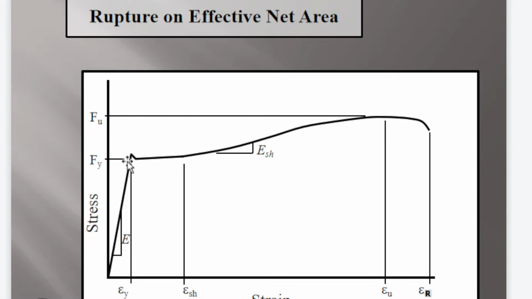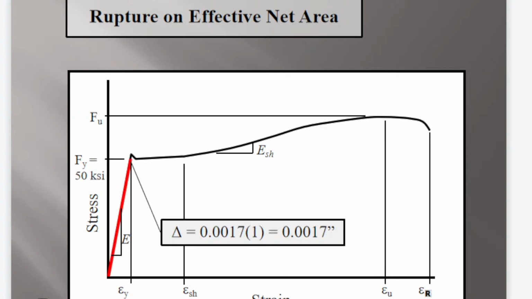This corresponds to a strain of 0.001 to 0.002. This corresponds to 0.01 to 0.03. This corresponds to 0.1 to 0.2. This corresponds to 0.2 to 0.3. And you can memorize those values.